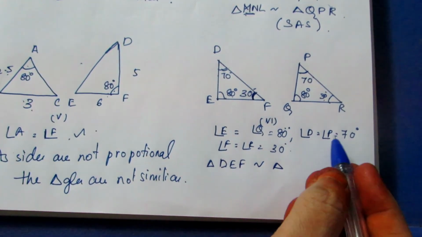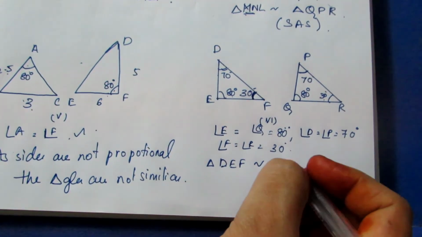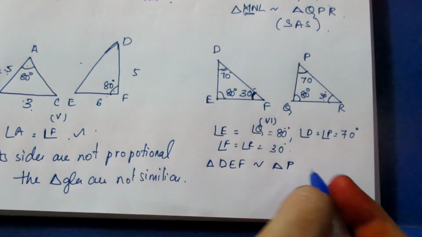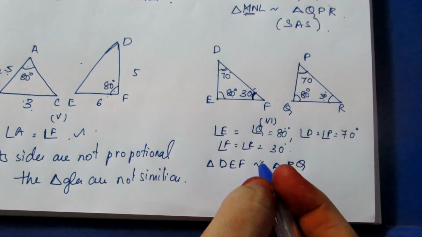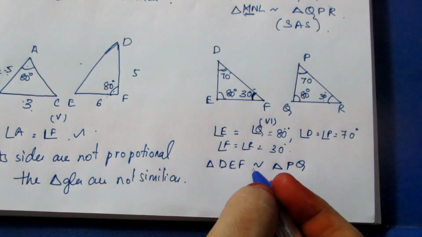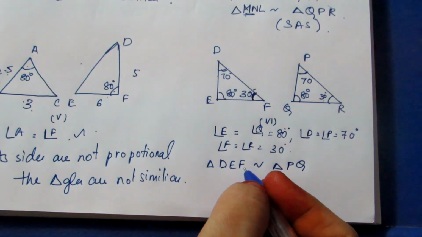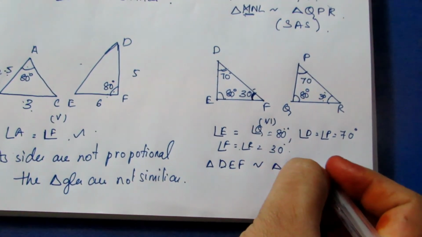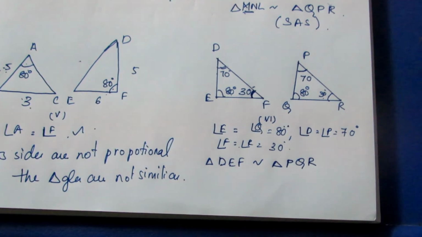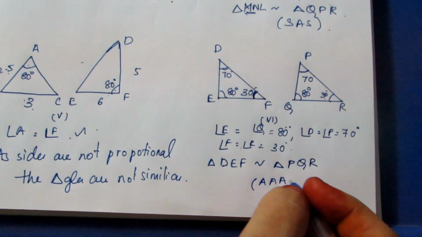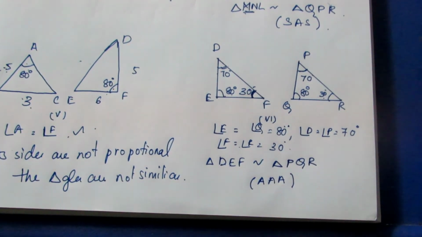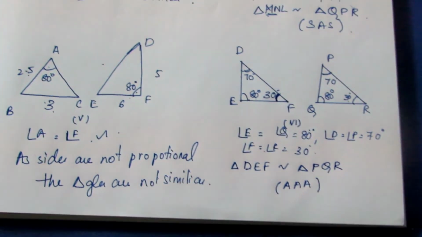Angle D is equal to angle P. So first if angle D we have written, then we need to write angle P. Then E means it's Q. Then F means R. So DEF is similar to PQR by triple angle similarity criterion. That's all with the sums. Thank you.